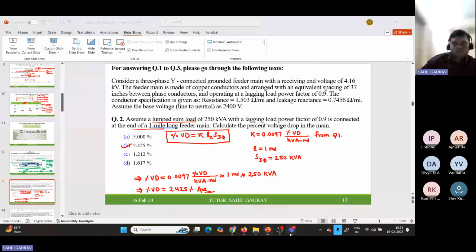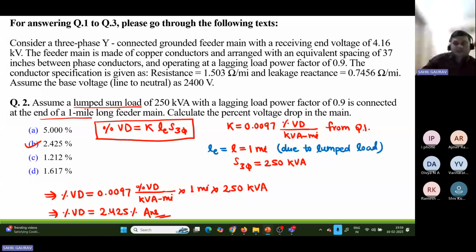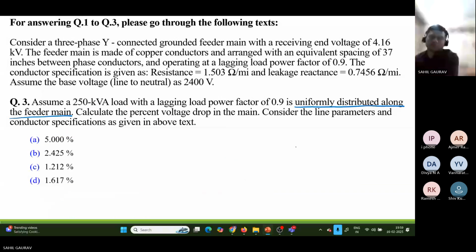But now in this third problem, they're saying that the load is uniformly distributed along the feeder main. So what is the effective length? Can anyone tell? Question 3: L effective will be L or L by 2, here with the uniformly distributed load?